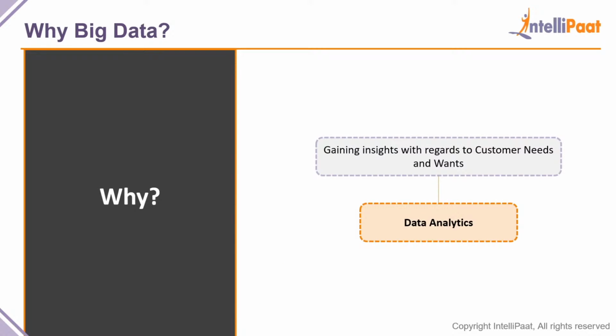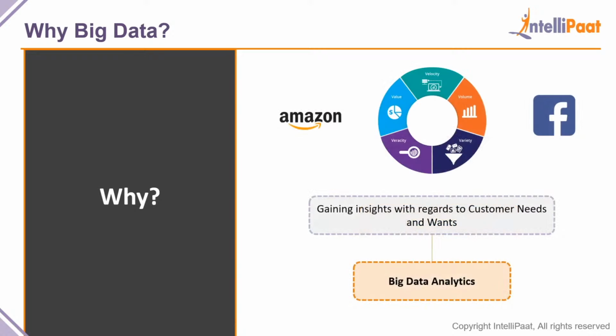So gaining insights with regards to what the customer needs and wants, that is data analytics, and gaining insights with what the customer needs and wants when the data satisfies all of the five criteria that we had discussed, when the data is essentially of an enormous scale, which would be the case for Amazon or websites like Facebook, right? Then this entire process is called big data analytics.